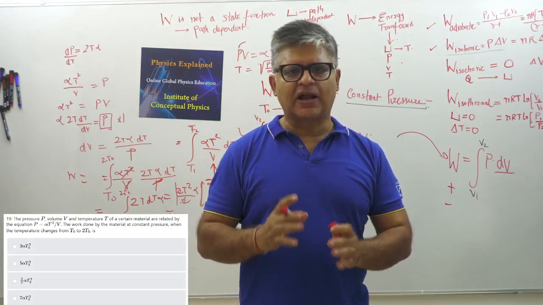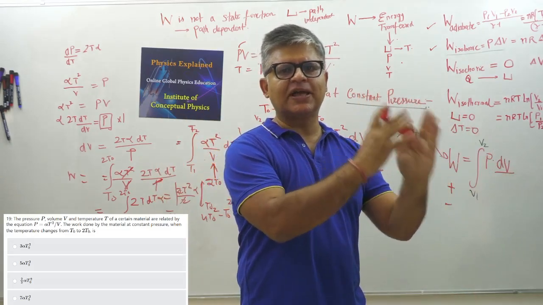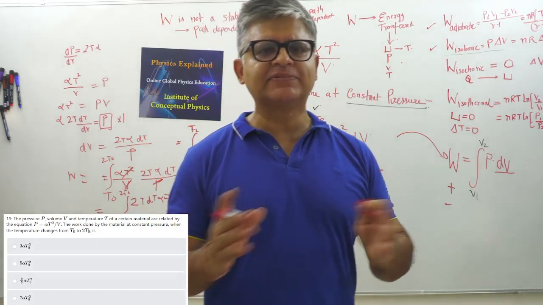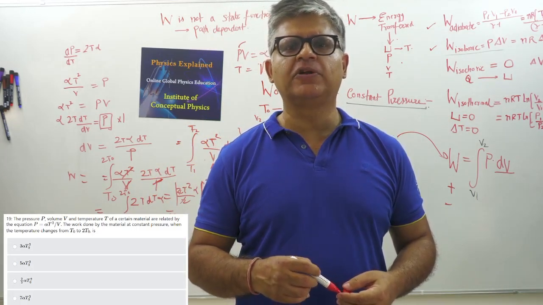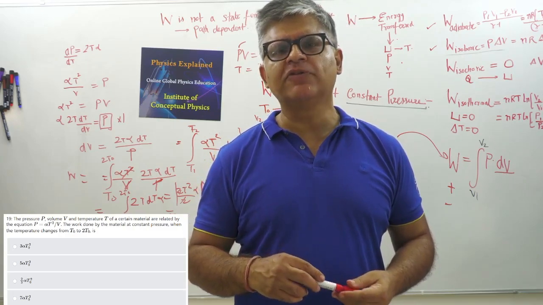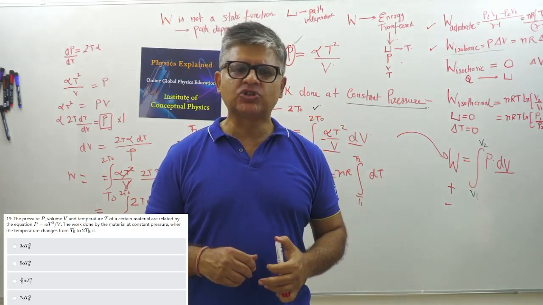And the trick lies here. How do we get rid of one variable when we know the pressure is constant and we take derivative of pressure? It comes out to be zero. Then it becomes a standard question of cancelling P and converting the whole equation in terms of dT. So I hope this helps you understand the problem and solve the problem.